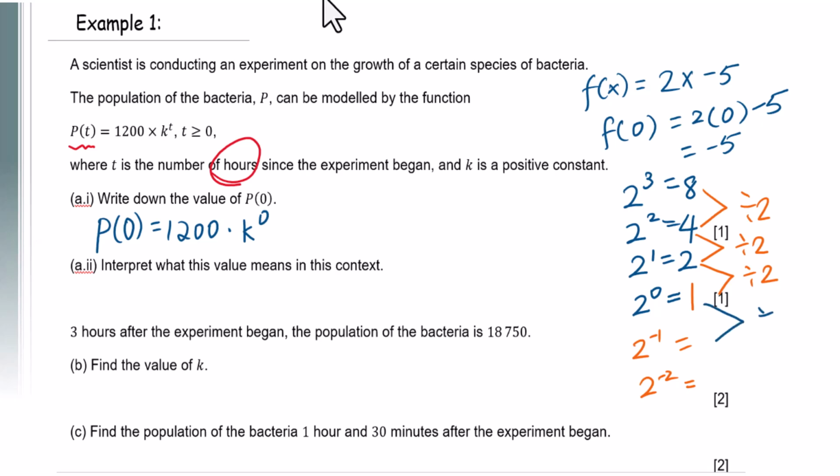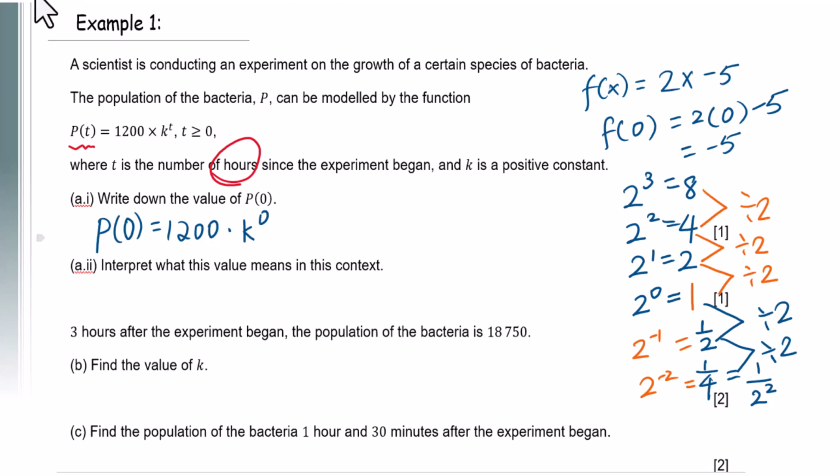Keep going. 1 divided by 2 equals 1 over 2. So 2 to the negative 1st power equals 1 over 2. Keep dividing by 2. 1/2 divided by 2 is 1 over 4. We can write down 1 over 2 to the 2nd power.